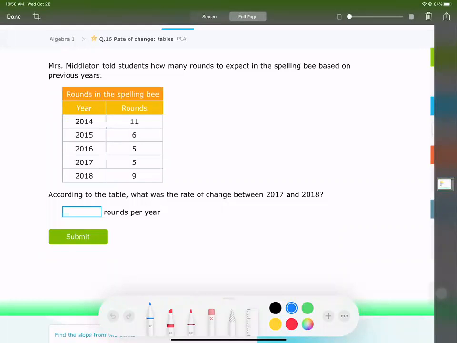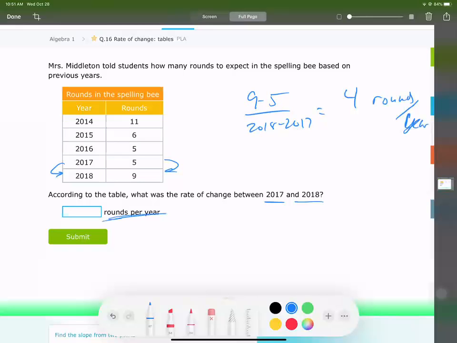According to the table, what is the rate of change between 2017 and 2018? 2017 and 2018 only. So can you guys tell me what was the change between 2017 and 2018? Do I have to do the math? Hopefully not. That's 4 rounds per year.